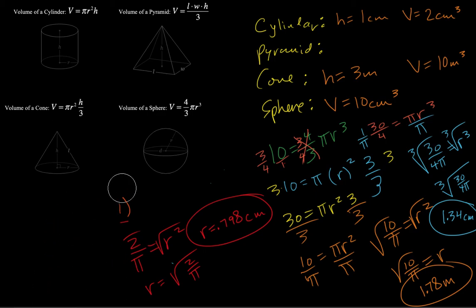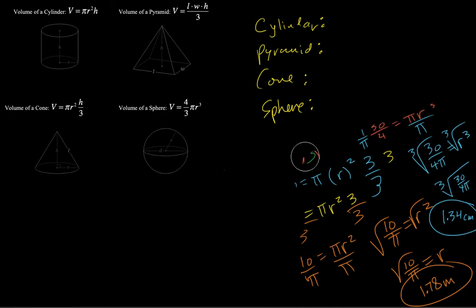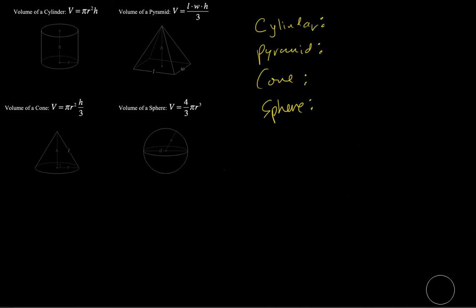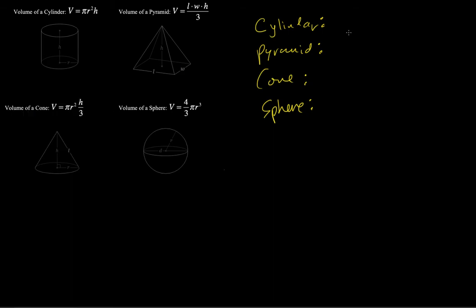All right. We have one more group of problems. And so we're given the radius and the volume of a cylinder. We're given a pyramid.